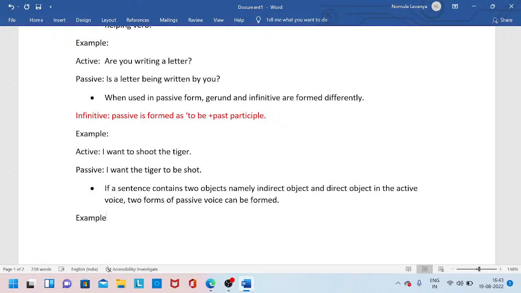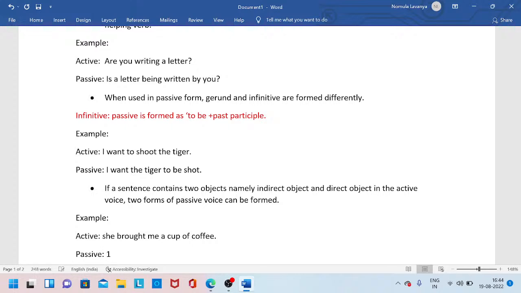Example, in active, she brought me a cup of coffee. Now see, the passive will change into two sentences.